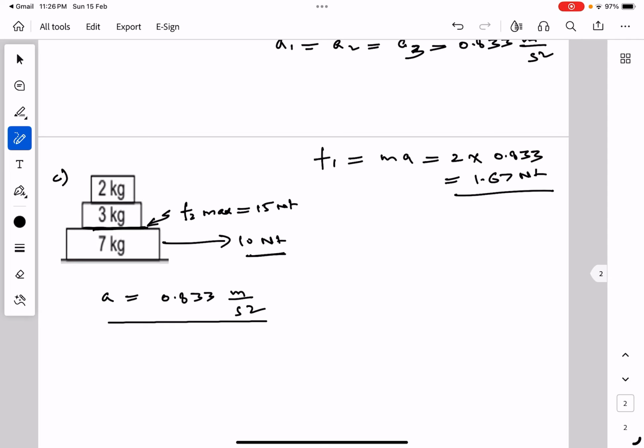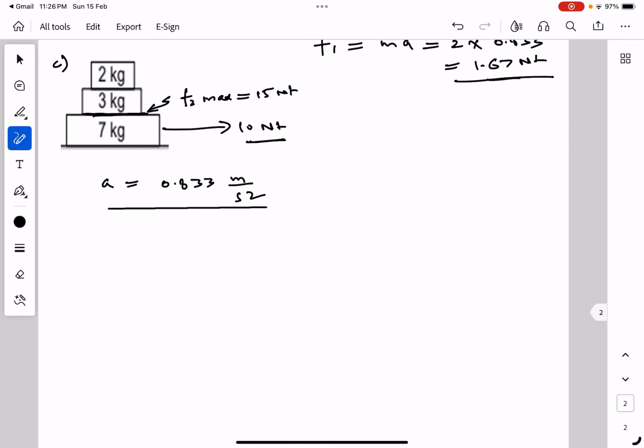And since this friction force is less than the available static friction force F1, or we can say that available static friction force of 4 Newton is greater than this required friction force, so there will not be any relative motion between 2 kg block and 3 kg block. So all three blocks will move together. Therefore, A1 will be equal to A2 and this will be equal to A3. And this is 0.833 meter per second square.